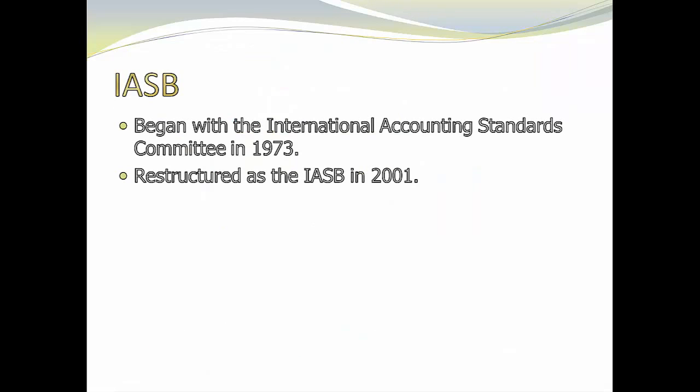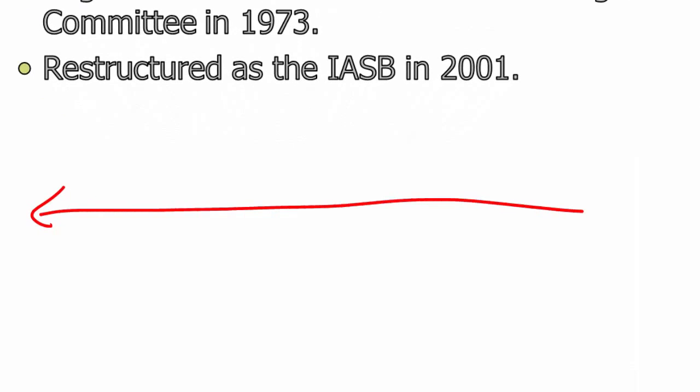IASB started as the International Accounting Standards Committee. They started back in 1973. Okay, in 2001 they restructured. What you need to know with this, just a quick timeline here. 1973 was the big year where we started, and really what we had was something very much like the CAP.